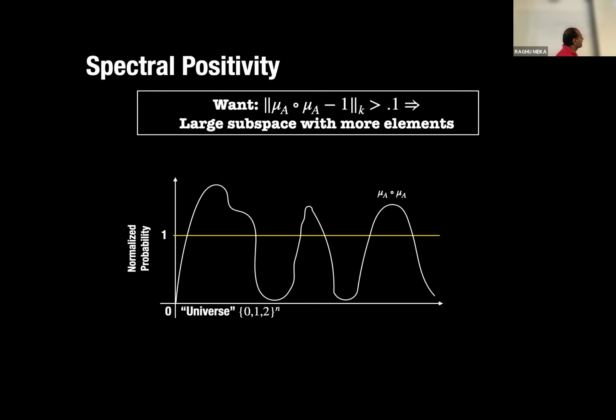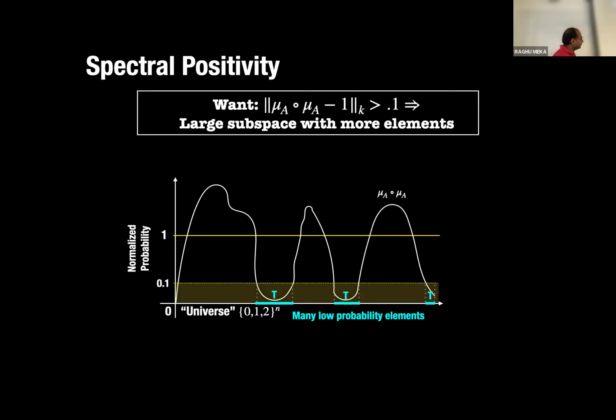Okay, so we have this kind of caricature, and I said intuitively the problematic case is when somehow this curve puts a lot of points in the lower probability region, right? We ideally want to say we are very close to 1, but we are more worried about downward error.